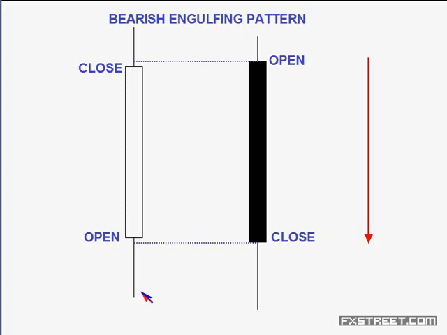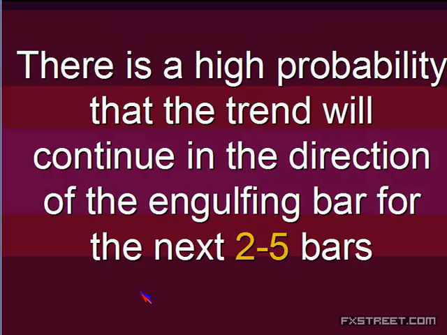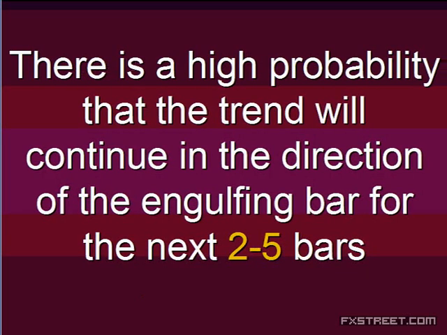Now, the reason why we really use this as a strong edge in a lot of our strategies, and especially in today's presentation, is because there is a high probability that the trend will continue in the direction of the engulfing bar for the next 2 to 5 bars. So this is a tremendous edge. You know, we talked about the specialist edge. This is not an indicator. This is not some news.